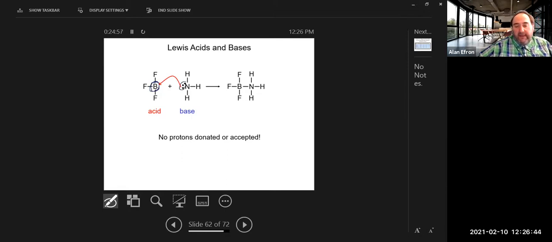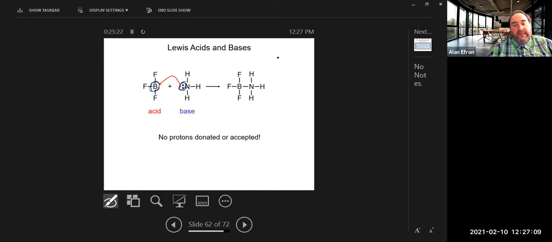Again, our NH3 being polar with those non-bonding electrons able to donate them over makes it the Lewis base, while the BF3 is our Lewis acid in this case. And now we have a definition of acids and bases that does not involve any type of proton, like we commonly think about in terms of the Bronsted-Lowry definition.